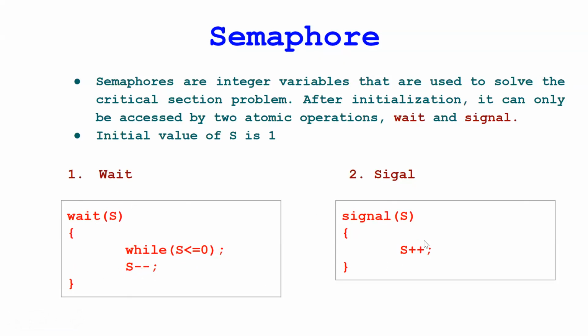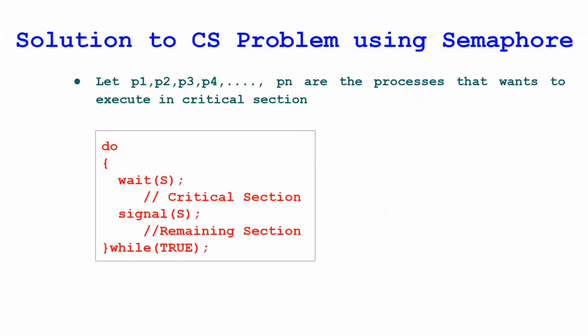Right? Now this is the problem to solve using the semaphore. That same thing I just explained here. The wait s is used to enter a process into the critical section.